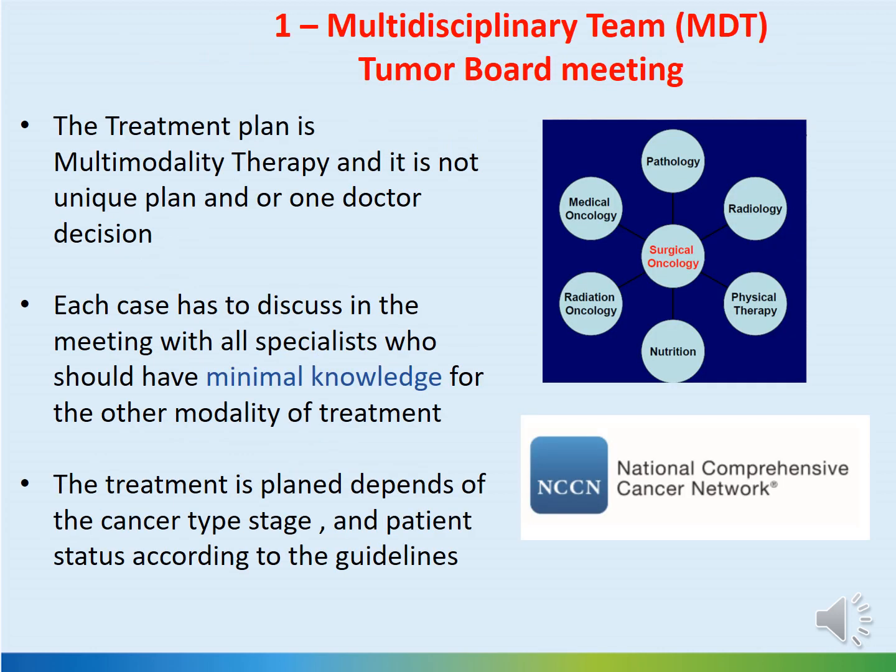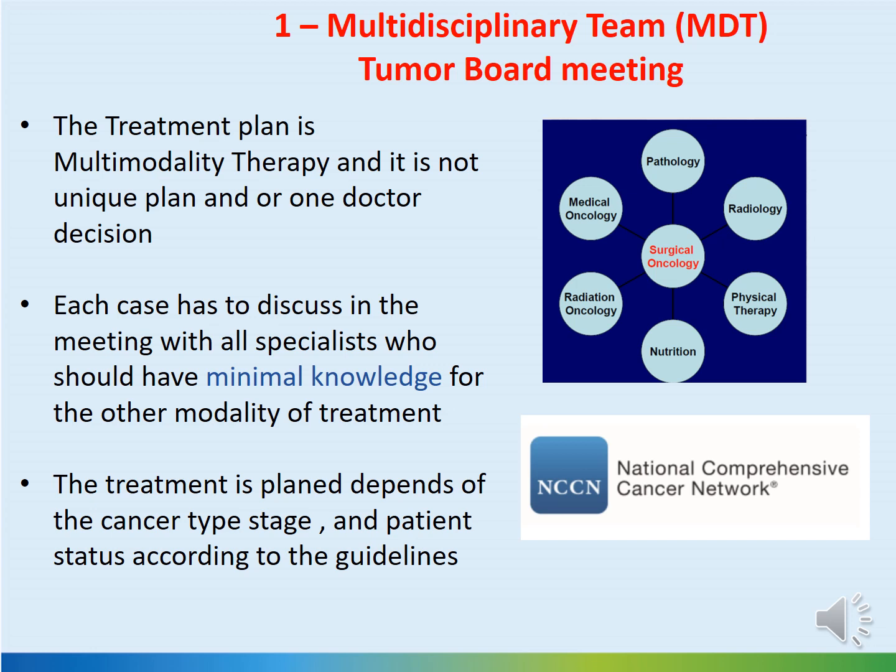And I will review again a very important point about the multidisciplinary team, or tumor board meeting. I told you before, and I will repeat it again. Each patient has to be discussed before starting any type of treatment. This treatment plan is supposed to be put together with the other specialties, so it's called multimodality therapy for cancer. It is not a unique plan or one doctor's decision.